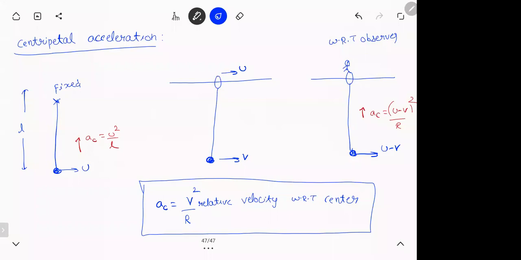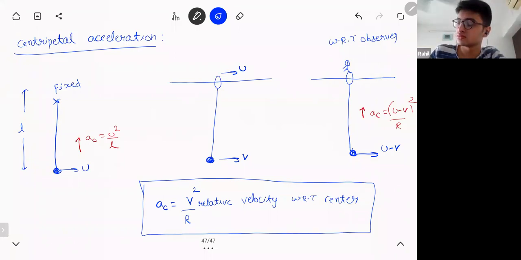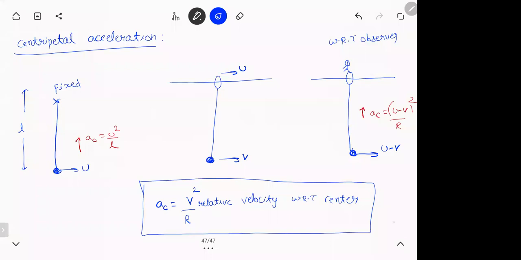Next thing. So just a minute. Turn the page.